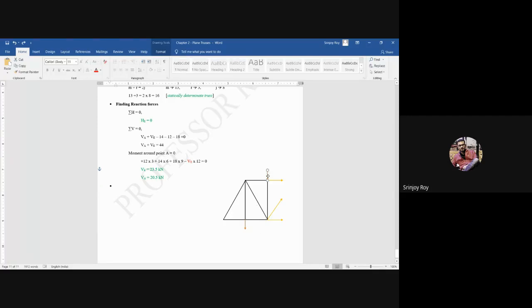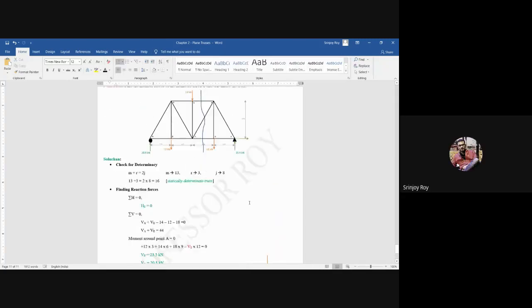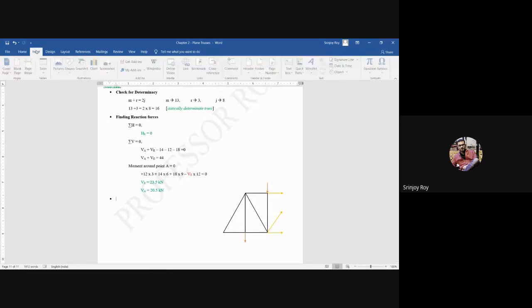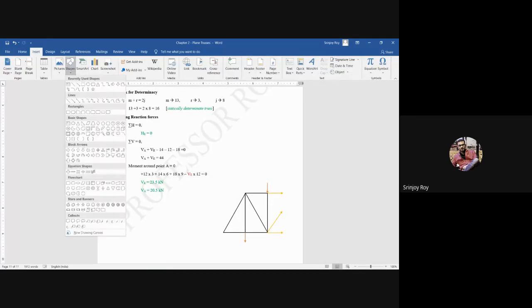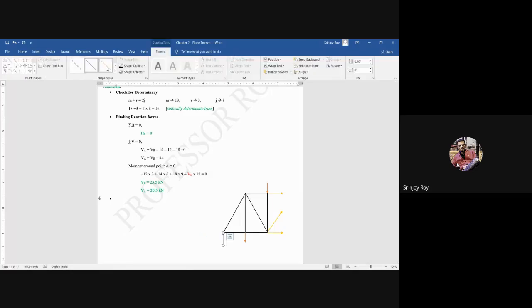Did you understand? कि बोलना? Sir, voice is too low. Thank you. Thank you for not understanding actually. Otherwise, मेरा case हो जाता.